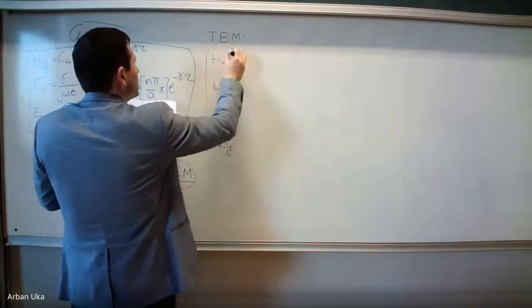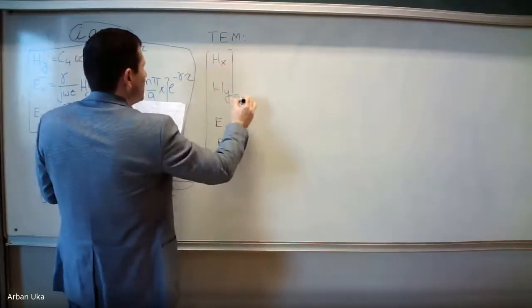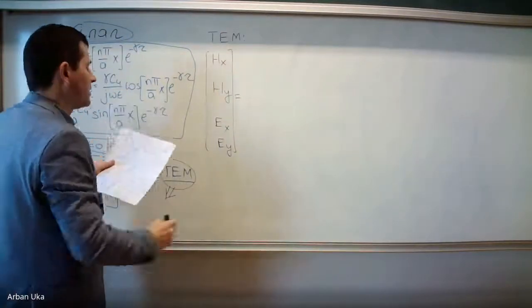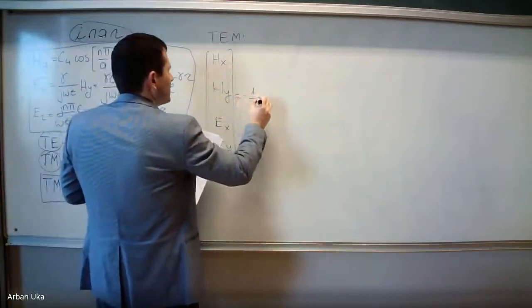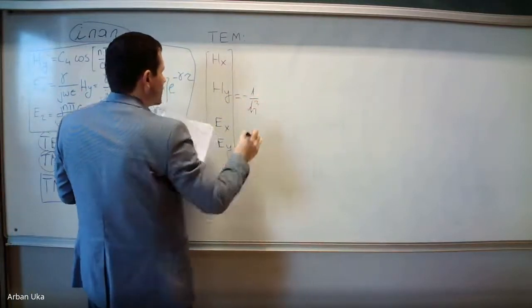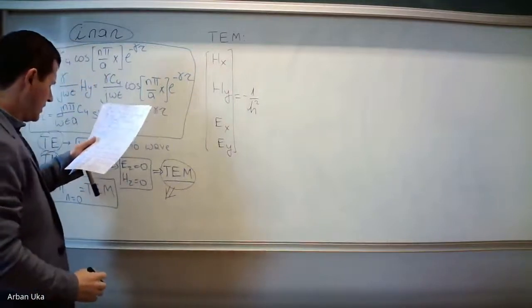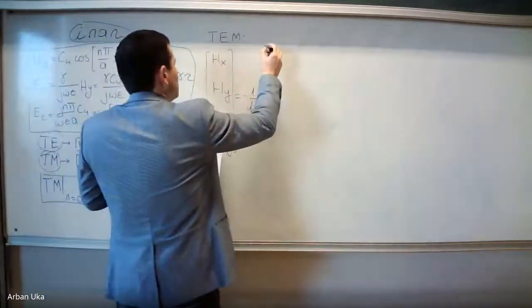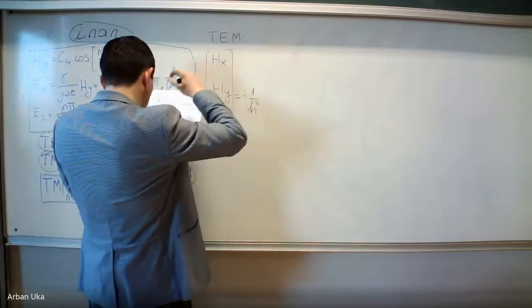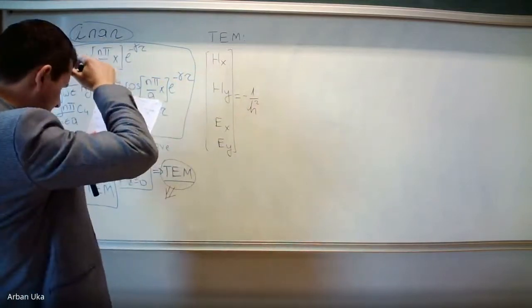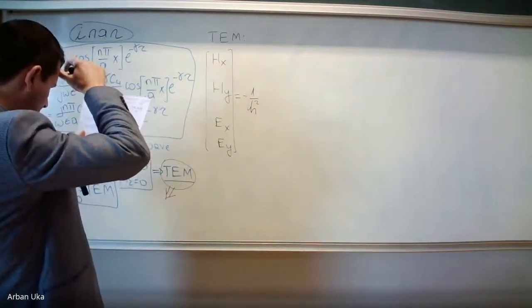These four quantities, we said it is possible for us to write them down as a function of Hz and Ez. Here we have 1 over h squared, this is gamma.